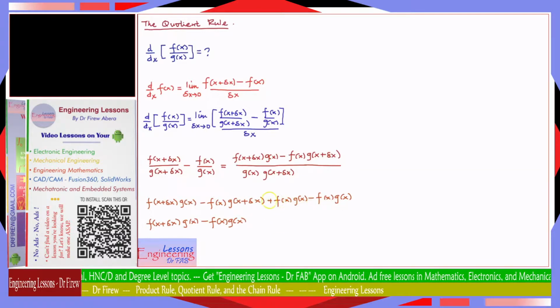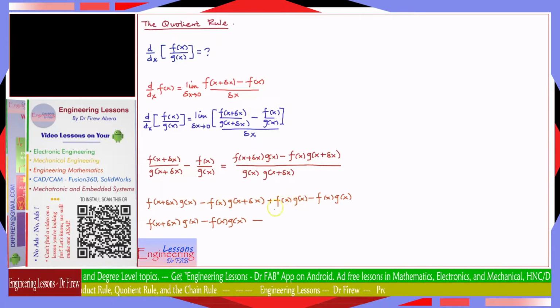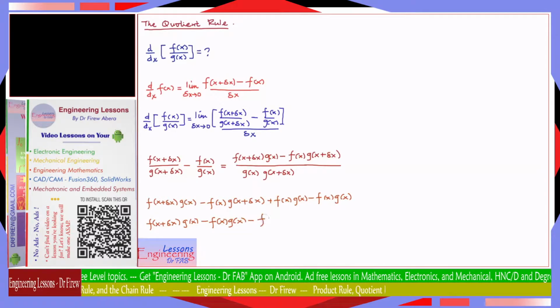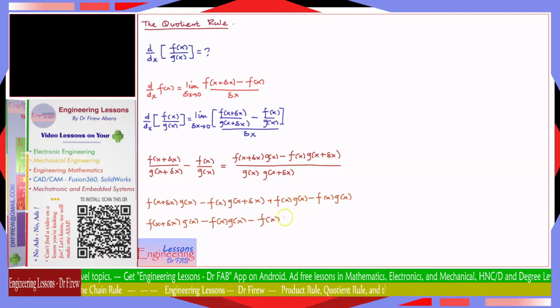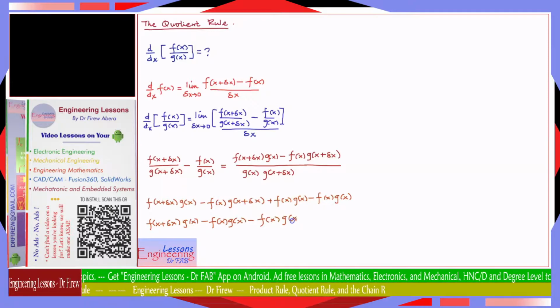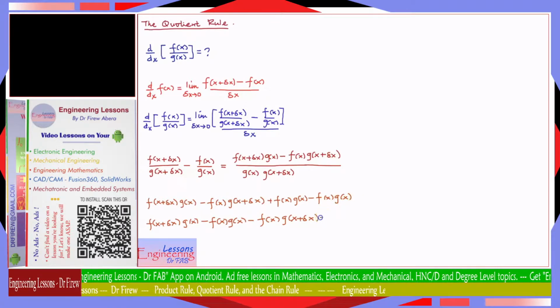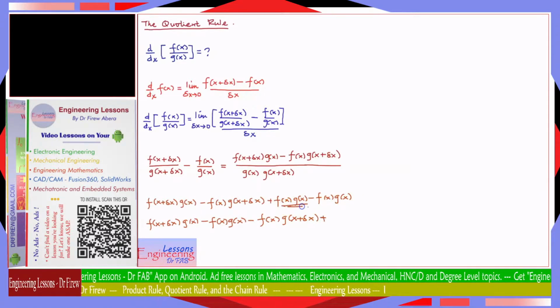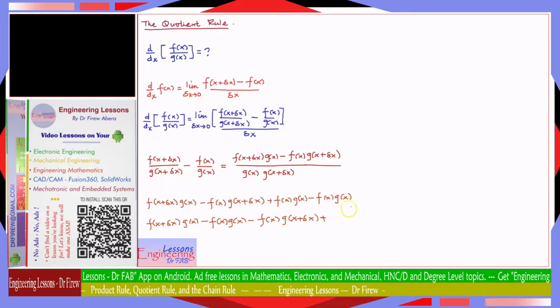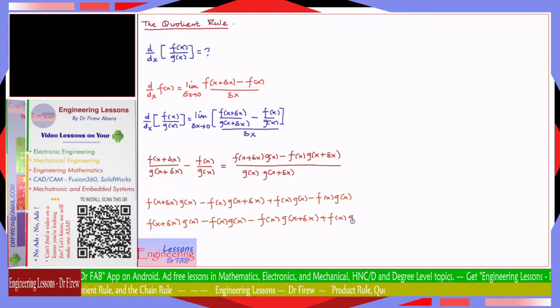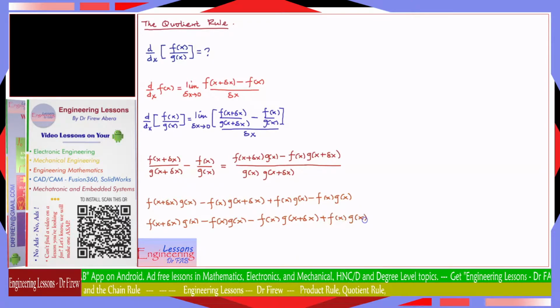Now minus, I'll keep this expression, minus f of x times g of x plus delta x, plus, I'll bring this expression here last, plus f of x times g of x.